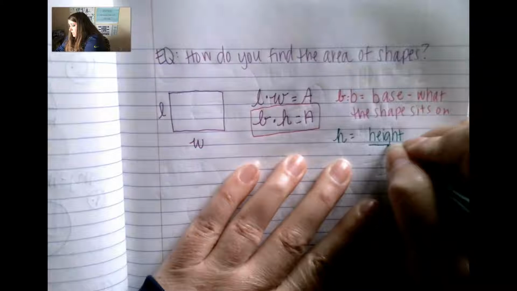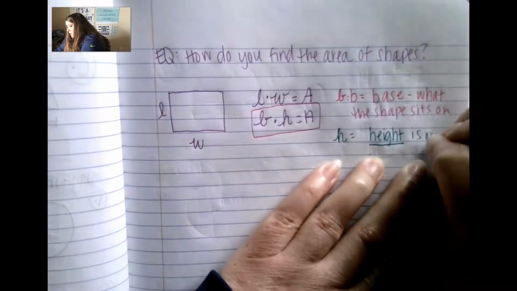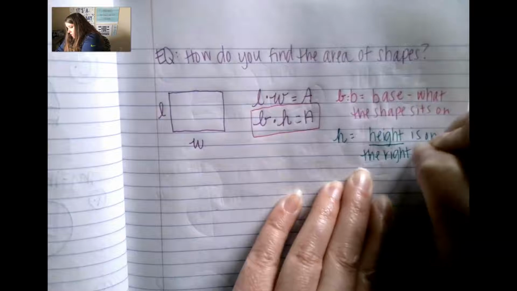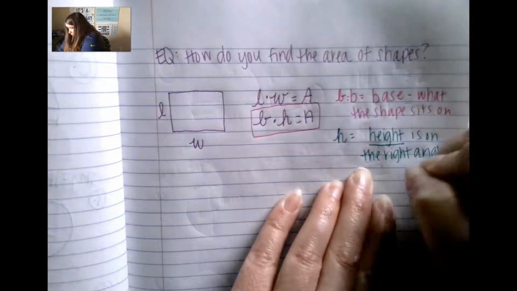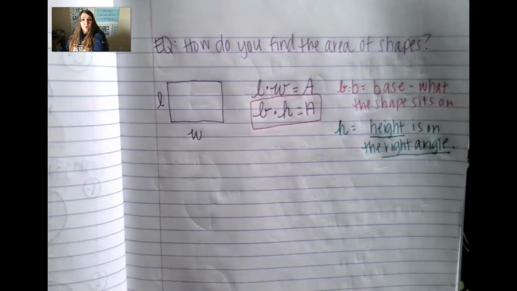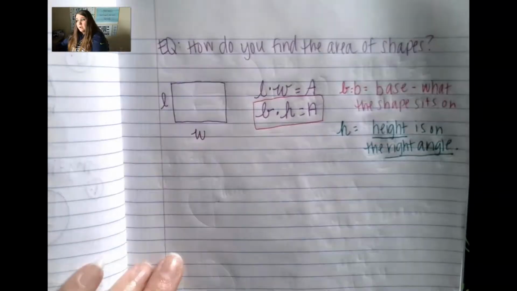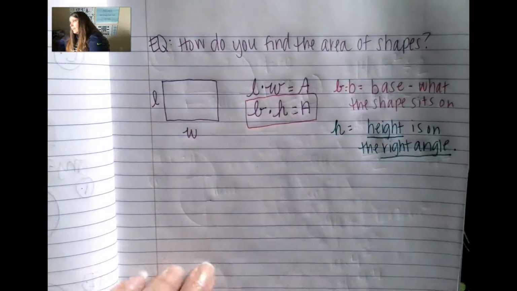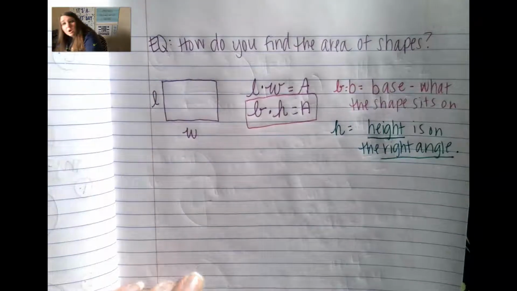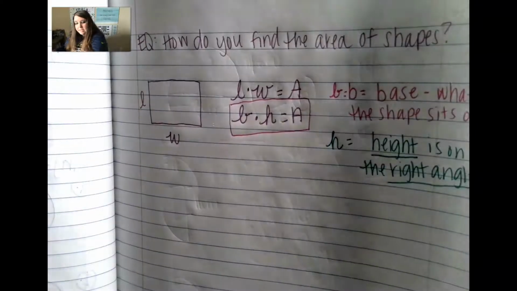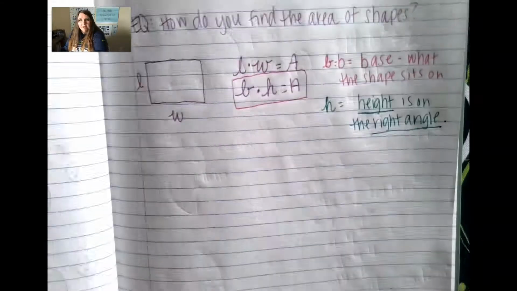We can remember this by saying the height is on the right angle, because not all of our shapes are going to have a length and a width that we can see right away. So it's important for us to remember our new way of finding area for shapes.